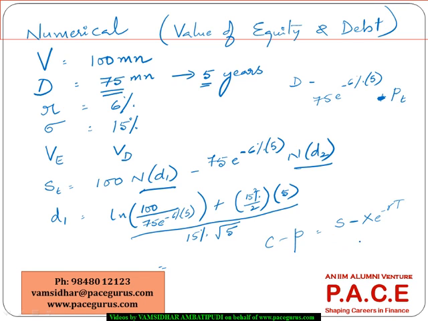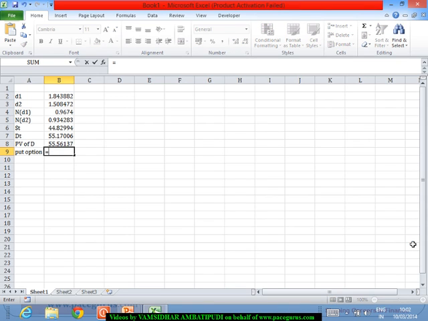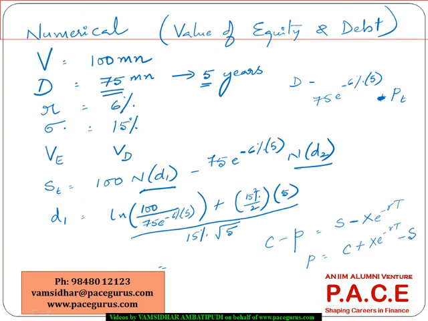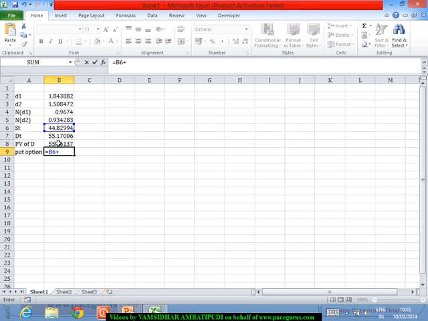Right? So I can use that particular relationship saying put option is nothing but call option plus the present value of the strike price minus the spot price. So using that same logic, I could have taken the value of the put as the value of the call plus the present value of the strike minus the value of the spot.